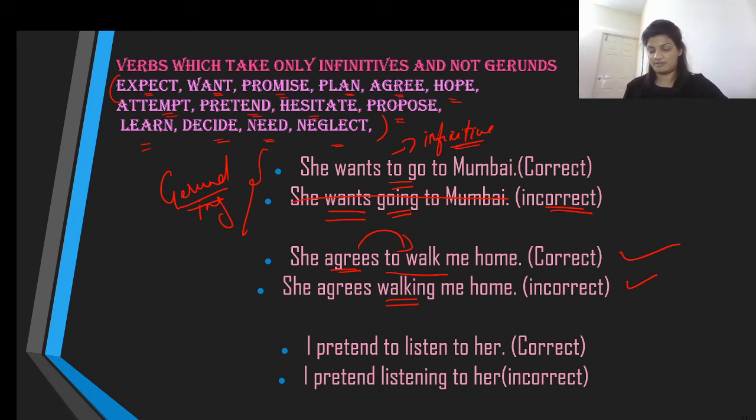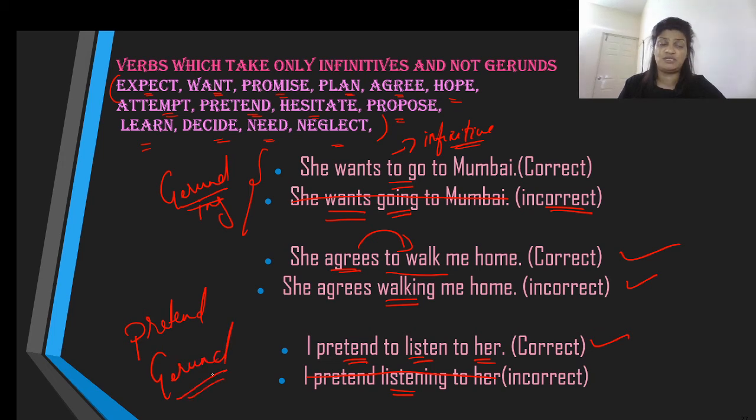That is incorrect. Next one is I pretend to listen to her. Now this is a correct usage. I pretend to listen to her. Now supposing if you were to convert listen to listening, then it is incorrect. It is not a meaningful statement because pretend doesn't take gerund.